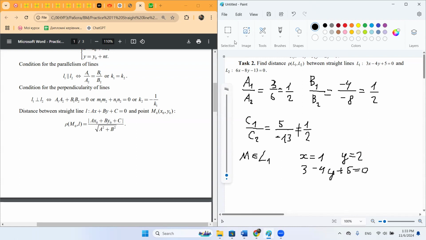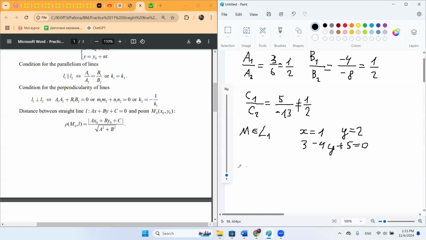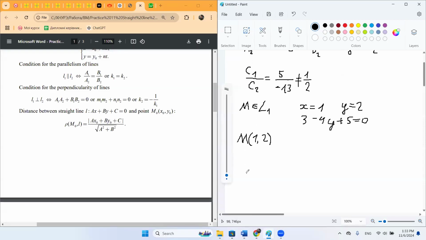So we found the coordinates of point M: (1, 2). And now calculating the distance between M and L2.